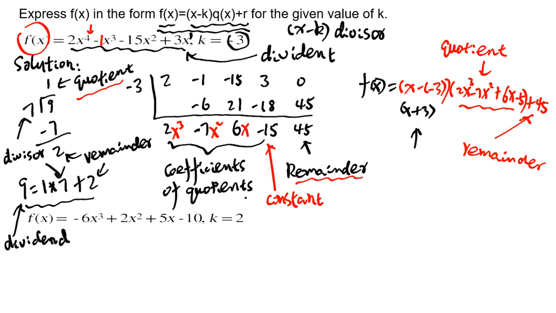So this one is our divisor. It will act like the 7 right here. So this one you want to do is x plus 3 times 2x cubed minus 7x squared plus 6x minus 15, plus 45.